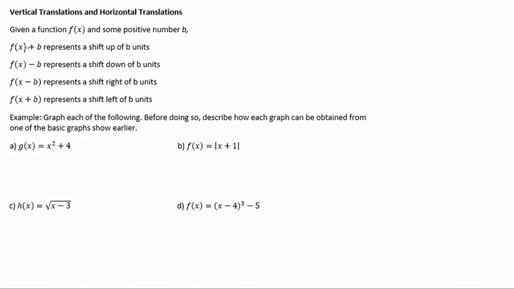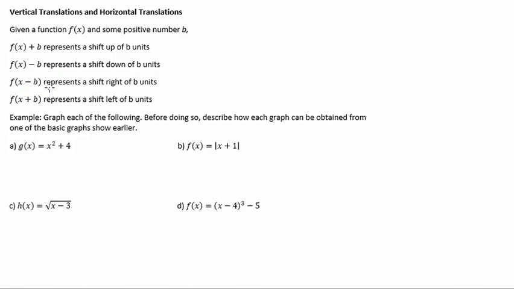So if we have some function and we add b to it on the outside of our function, which we'll look at what that means here in a second if that's confusing to you. Okay, if we add b, that represents a shift up of b units. If we subtract b, that means we're moving it down that many units.